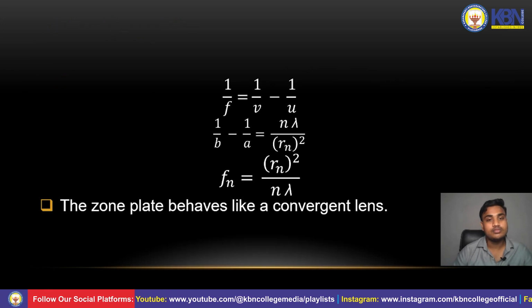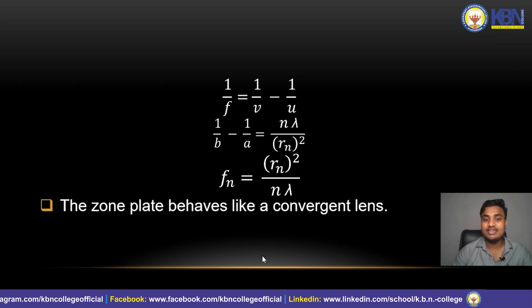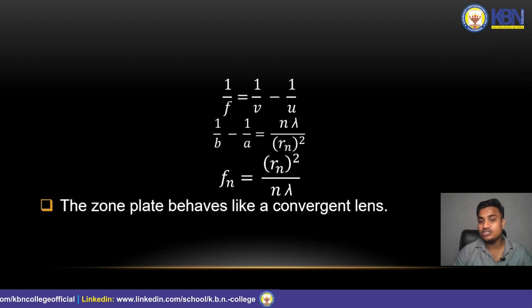Now, by deriving these relations and comparing this with the convex lens formula, 1 by f is equal to 1 by v minus 1 by u, where v is the image distance and u is the object distance, it is compared with 1 by v minus 1 by a, where v is the distance between the screen and the zone plate, and a is the distance between the source and the zone plate, is given by n lambda by Rn square.